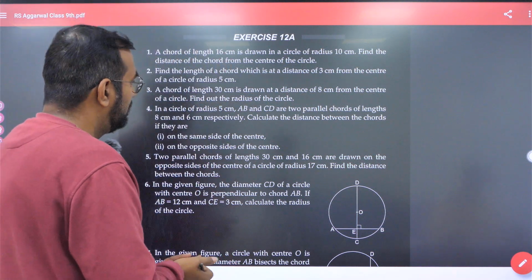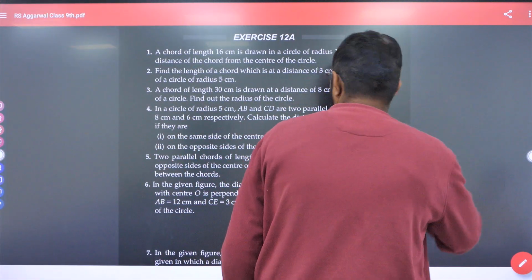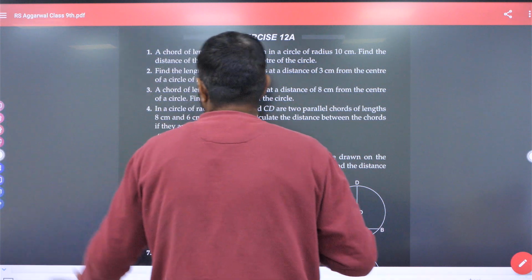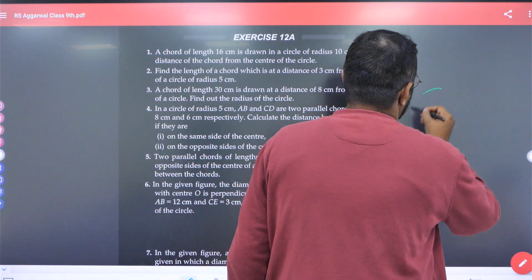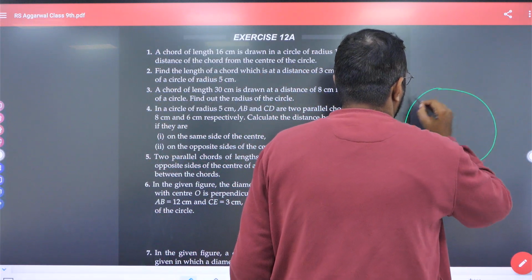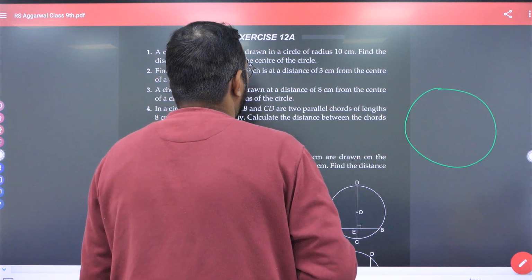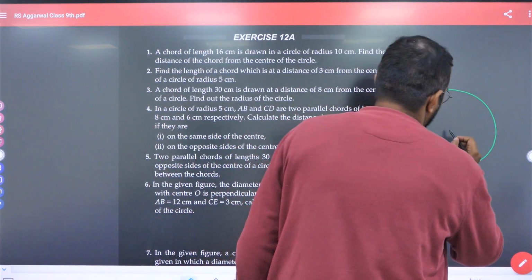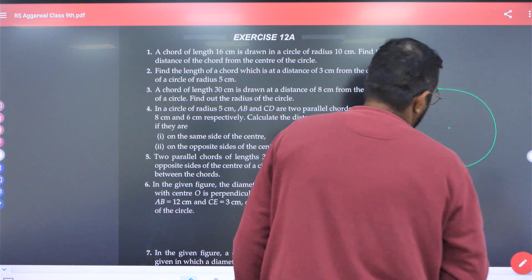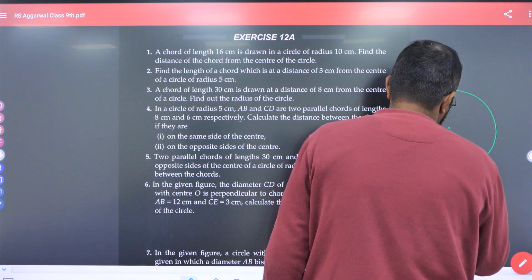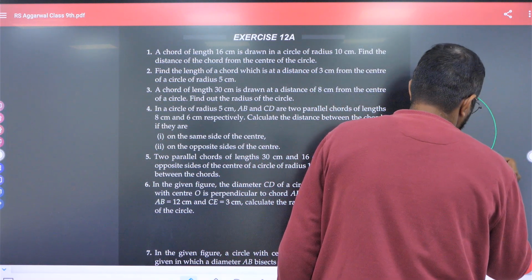What is it? If there is a circle, a chord of length 16 cm drawn in a circle of radius 10 cm. There is a circle in which there is a chord of length 16 cm.